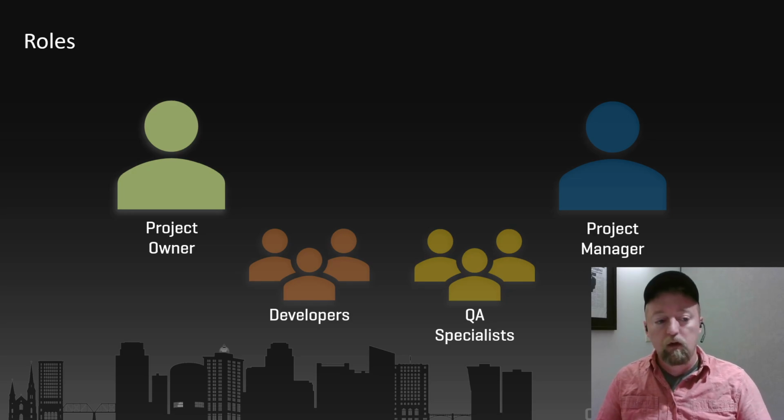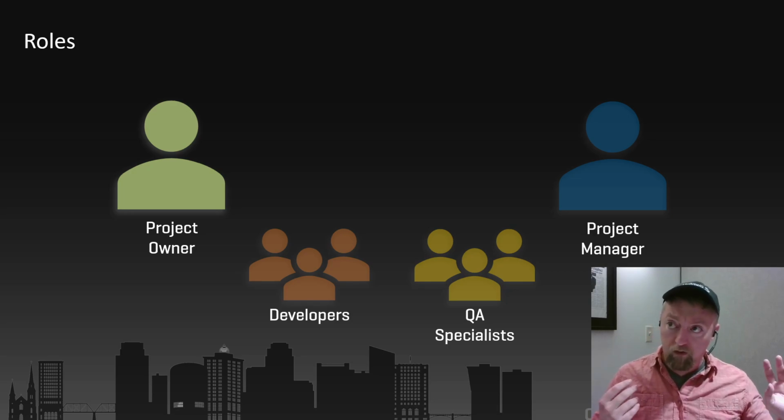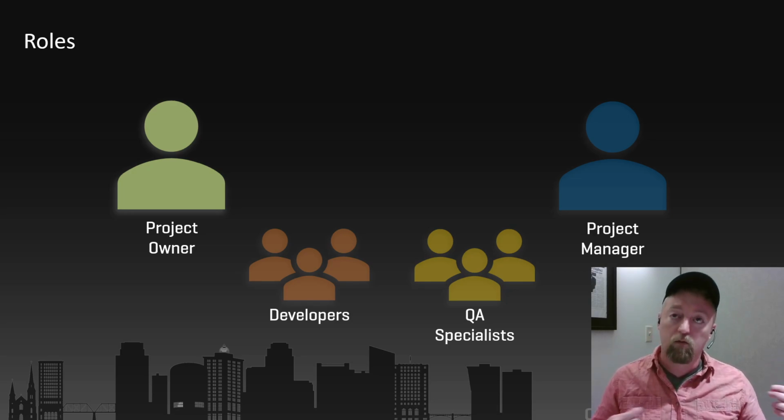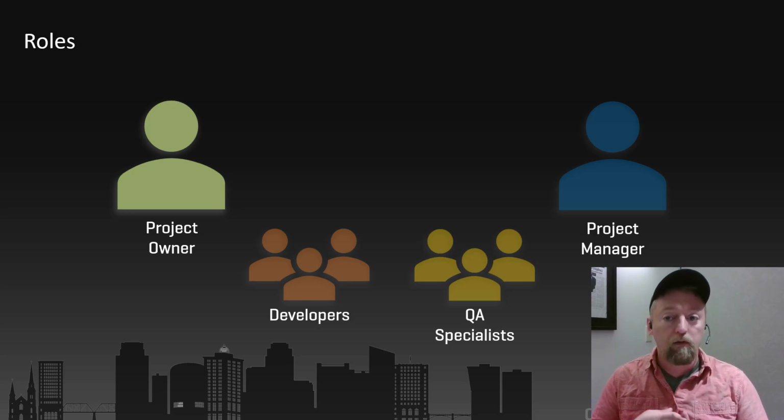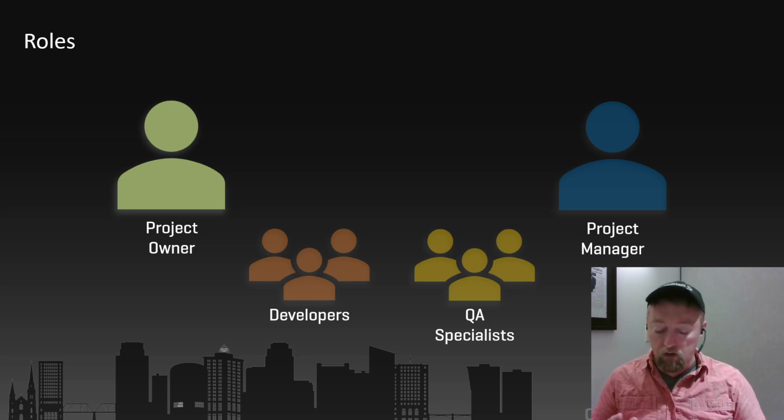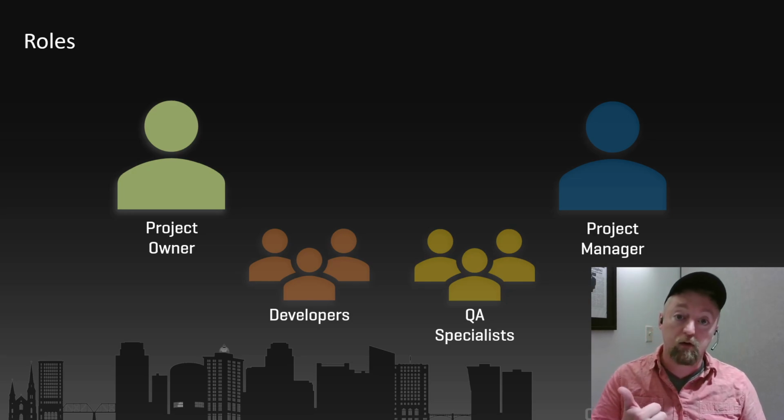The project owner is the person who owns the project. What I mean by that is they're the ones who are requesting the work be done. They're the ones who describe the work being done, and they're also the ones who can own up to, yes, this is good, no, it's not, or this is quality, or it's not.